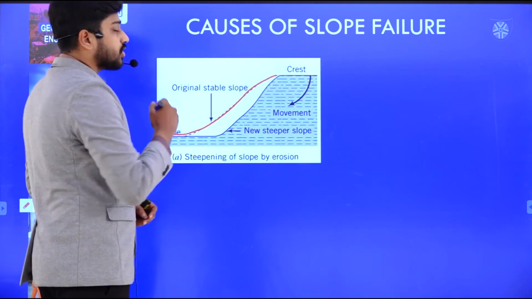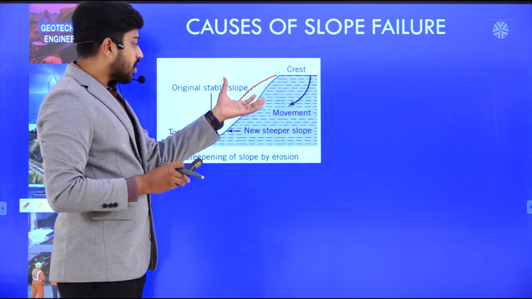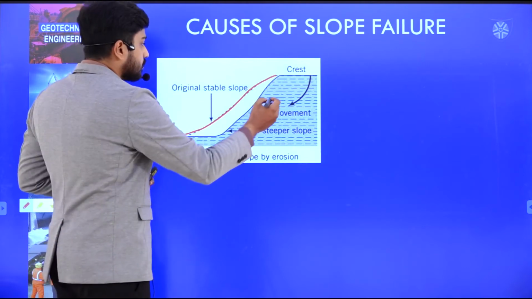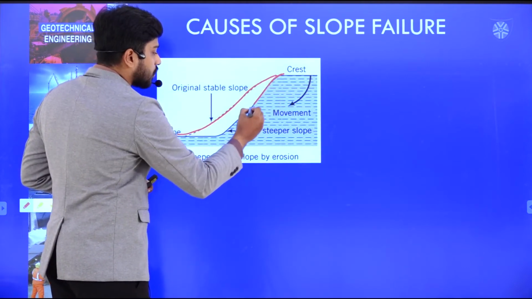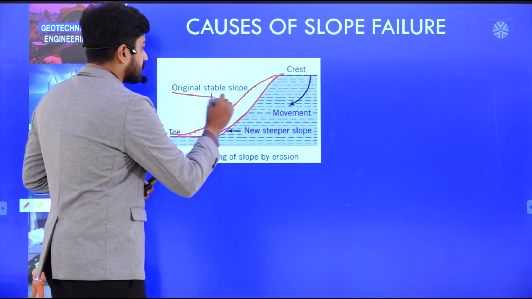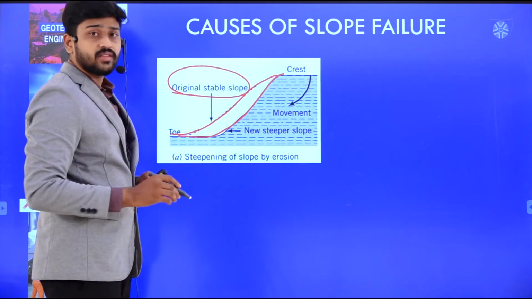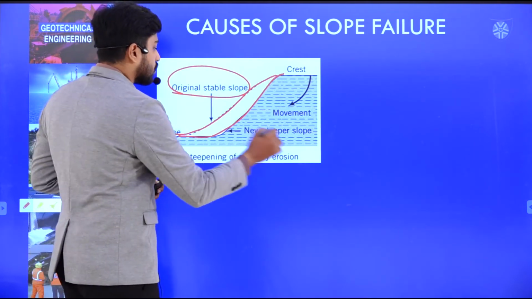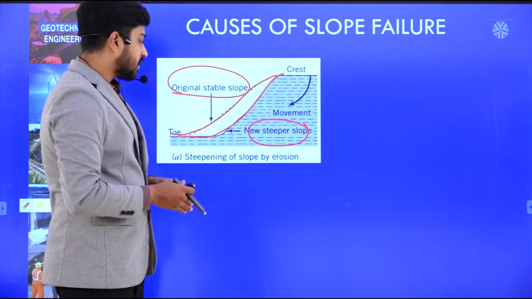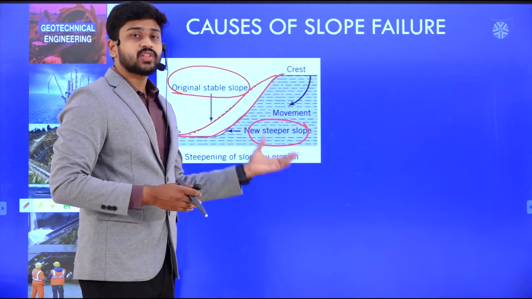Due to the movement or simple erosion after a longer period of time, the slope has now changed to this manner, and then also a failure occurs. So this original slope is now changed to a steeper slope, that too by erosion. So this is one cause.